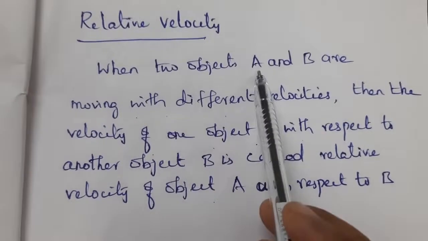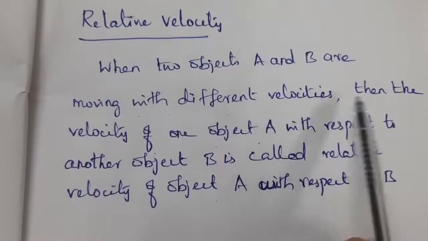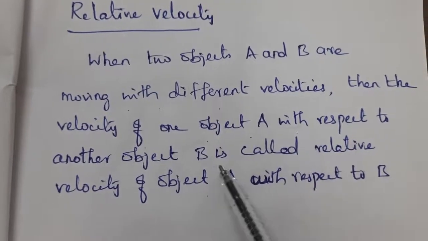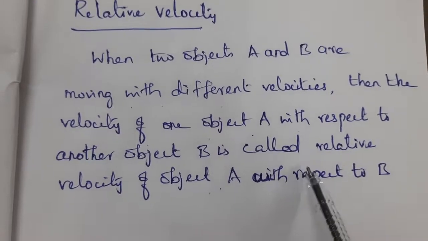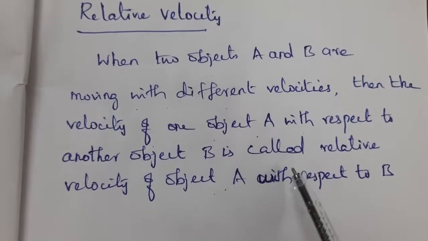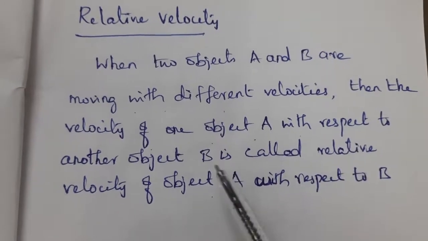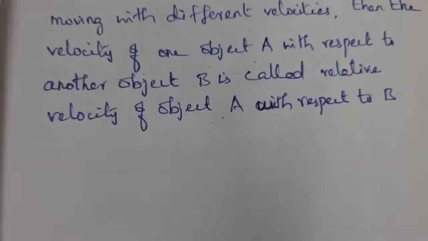When two objects A and B are moving with different velocities, then the velocity of one object A with respect to another object B is called the relative velocity of object A with respect to B. With respect to B, what is the velocity of A? That is known as the relative velocity.